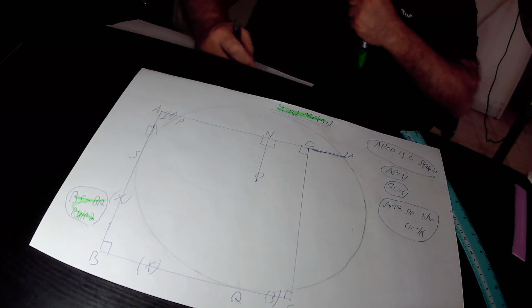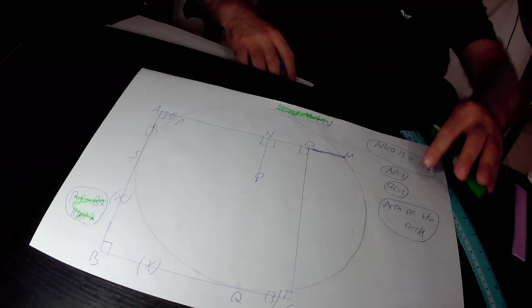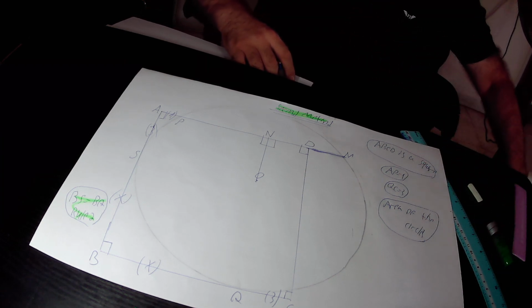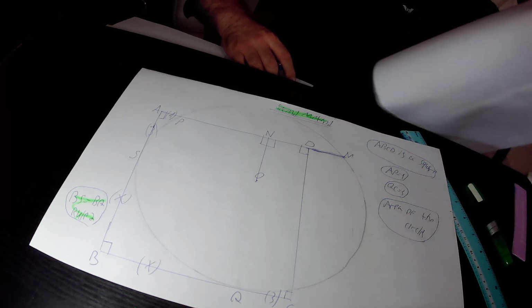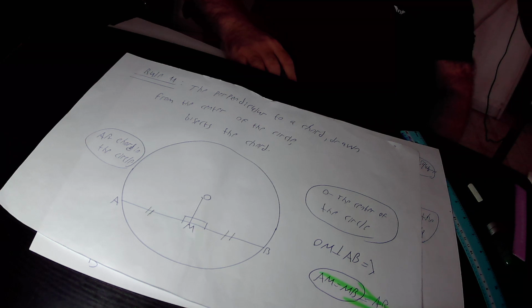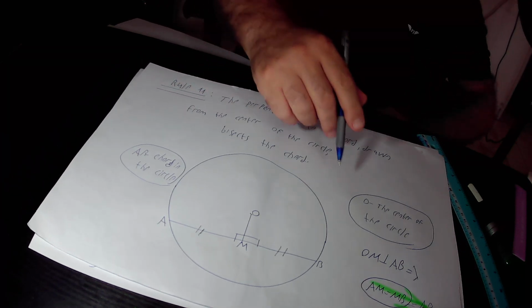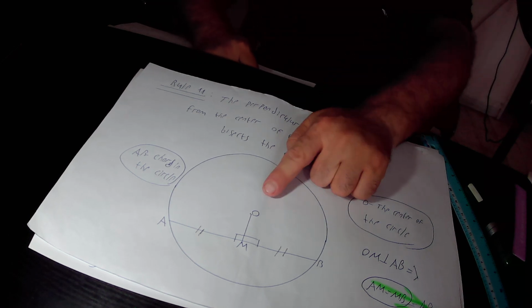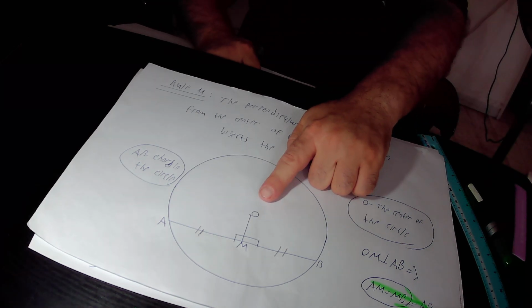Therefore, we can implement here rule 11. So, I repeat quickly rule 11. According to rule 11, the perpendicular to a chord drawn from the center of the circle bisects the chord. So in the moment we have a circle, point O is the center of this circle.